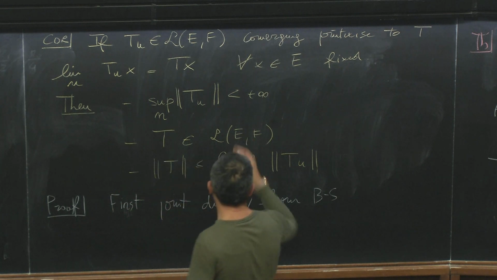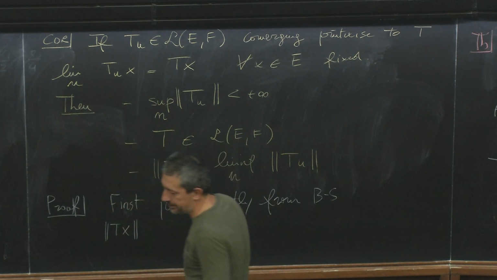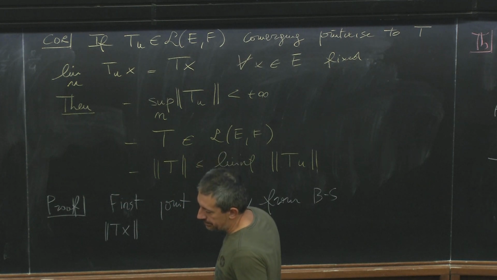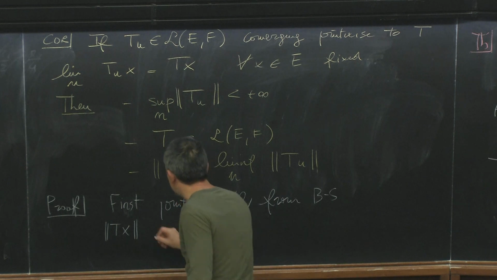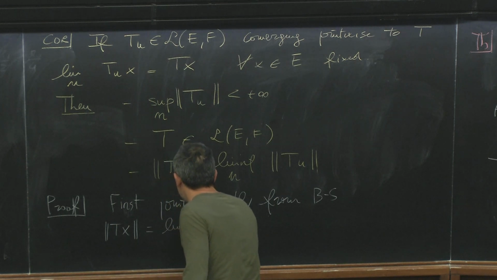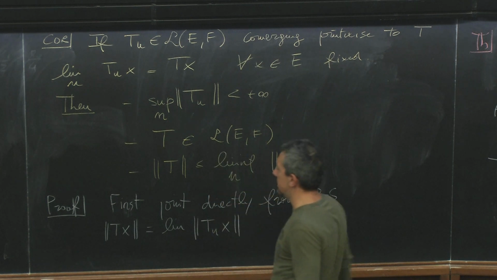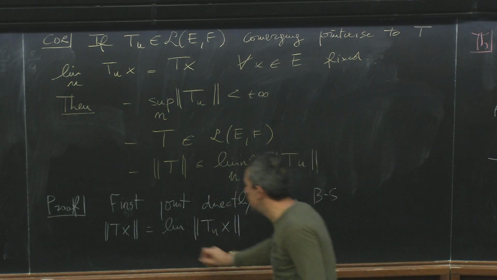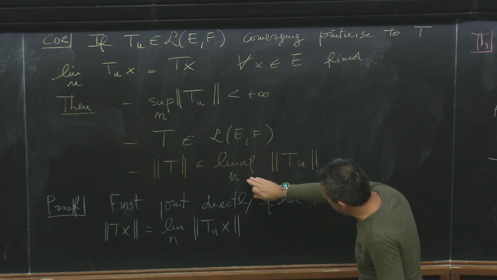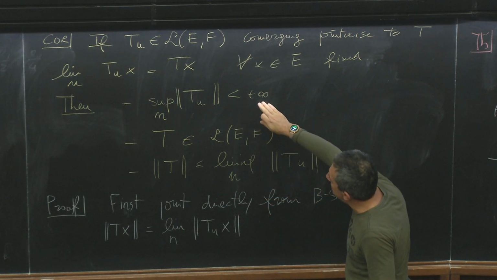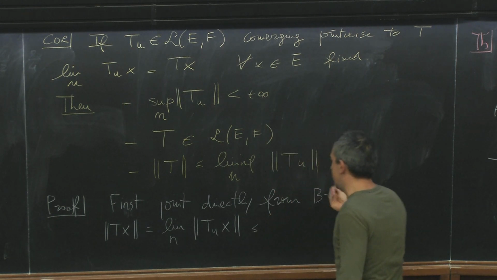Well, okay, it is a bounded set. Well, now, norm of T x, okay, so let's compute. This is the limit. The norm is continuous. And now I observe that their supremum is uniformly bounded, so it's less or equal than, okay.